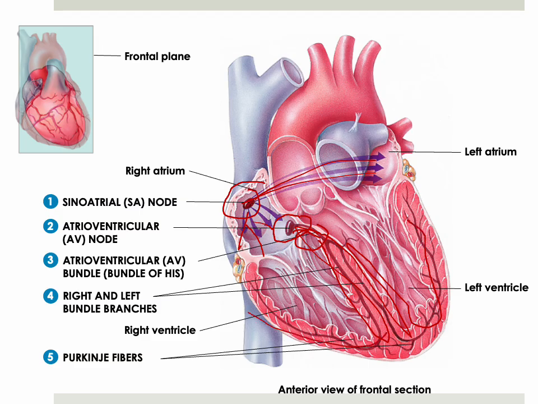The Purkinje fibers are located in the muscle walls of the ventricles. The atrioventricular bundle is going to be located in the septum, okay? And so are the branches.